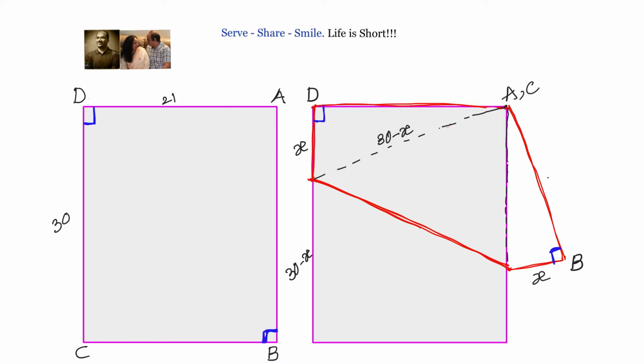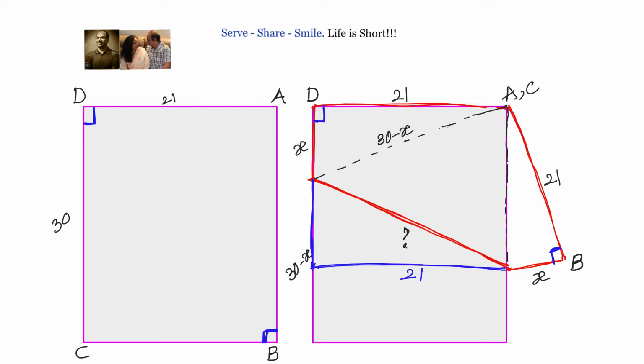We know this is x, we know this is 21, this is 21. Now we can easily find out x, but how do we find the length of the crease? For that we'll try to draw a right angle triangle there, in which we know this length is 21, and what will be this length?